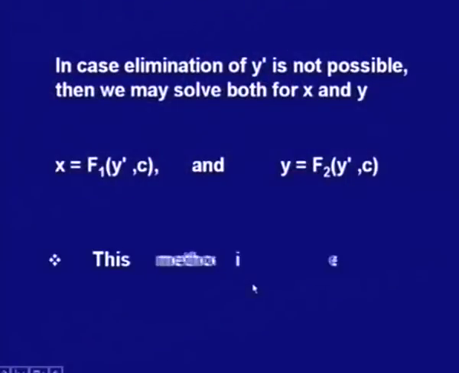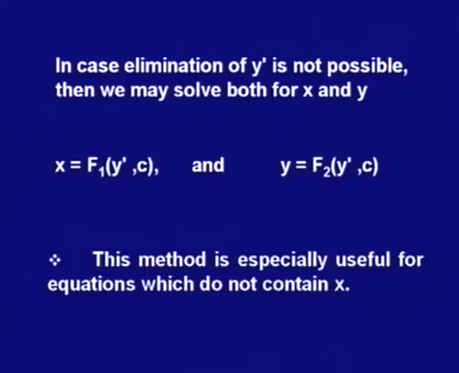So, y dash we consider as a parameter. This method is especially useful for those equations which do not contain the terms of x. That is, it may contain the term of x square or x multiplied by something, but not simply the terms of x. Let us do one example over here.